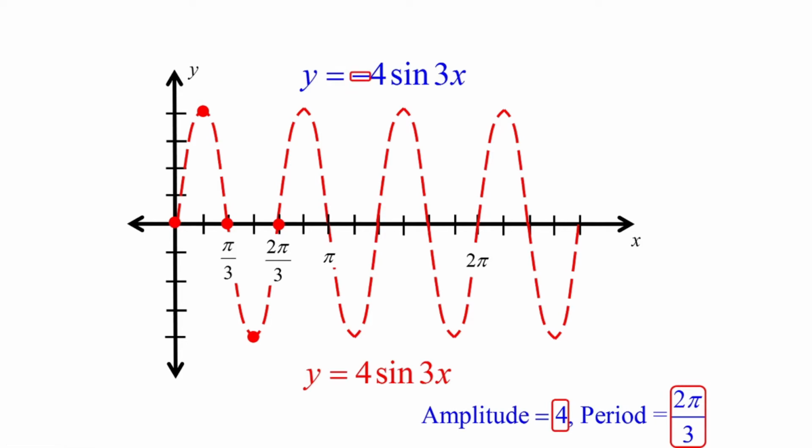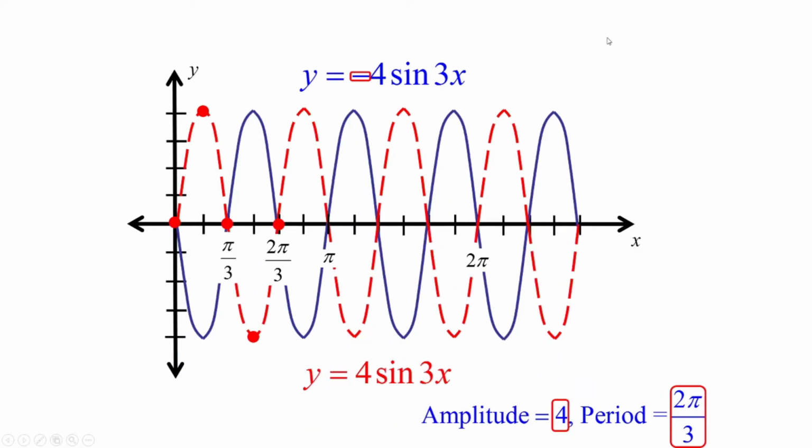Nothing more than a reflection in the x-axis. So the zeros will stay zeros, and my maxes will reflect down and become mins, and my mins will reflect up and become maxes. So visualize that right now. I hope you see this picture in your mind. And there it is. That is our graph of y equals -4 sine of 3x.